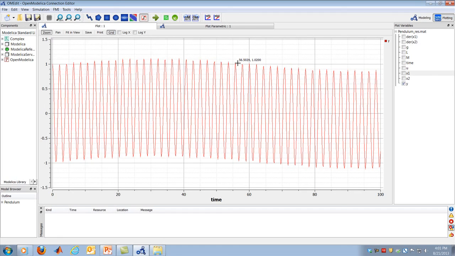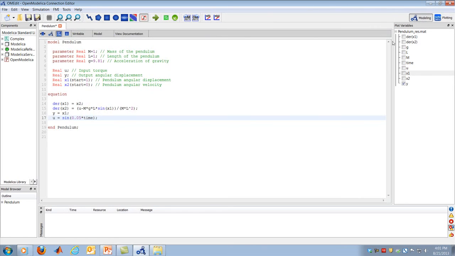So it's very convenient to be able to play with a model like this and ask what-if questions and simulate it under different conditions. Underneath all of this lies an engine that compiles the code that I just wrote and combines it with a solver and solves the resulting differential equations.